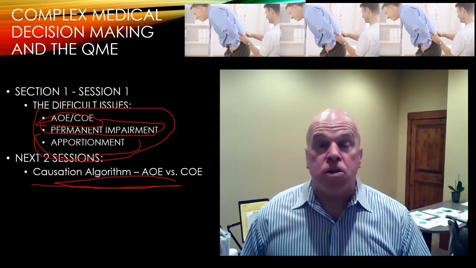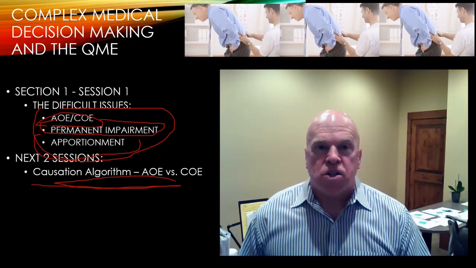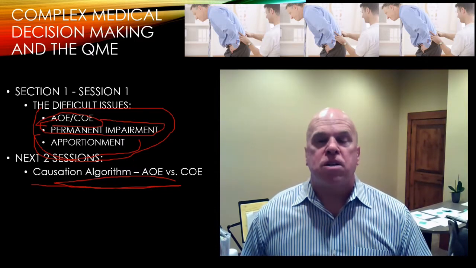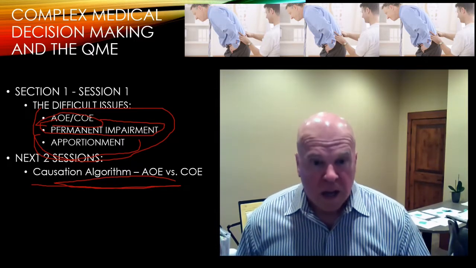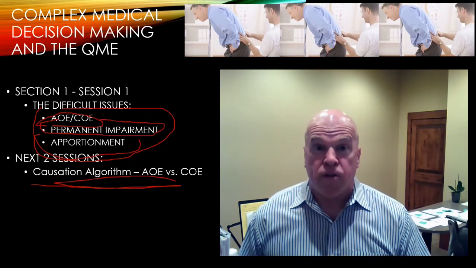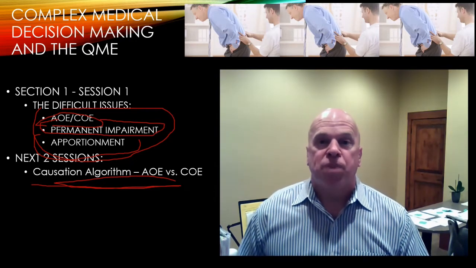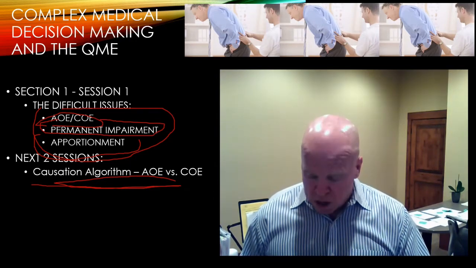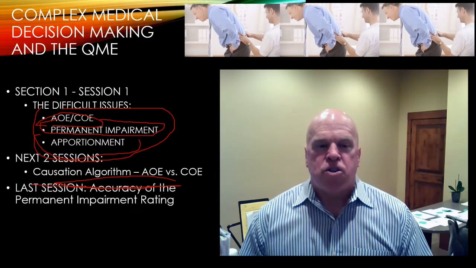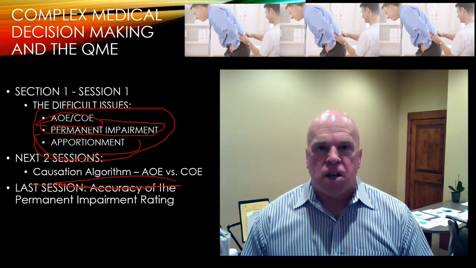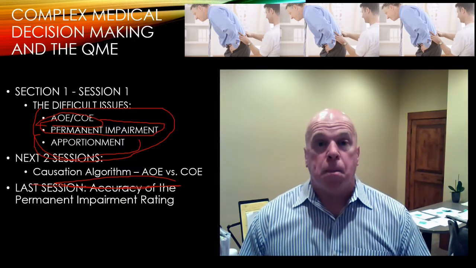If you just follow the steps of the causation algorithm, you cannot make an incorrect determination on the AOE-COE determination ever. In our last session, we started talking about the accuracy of the permanent impairment.